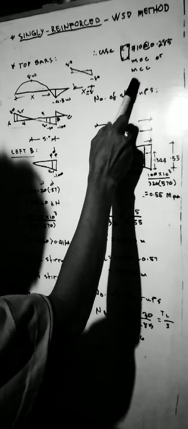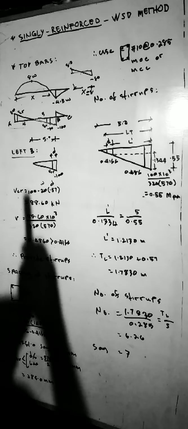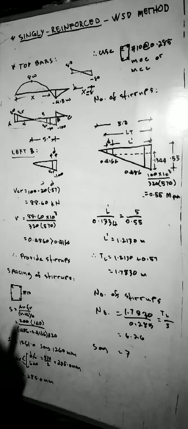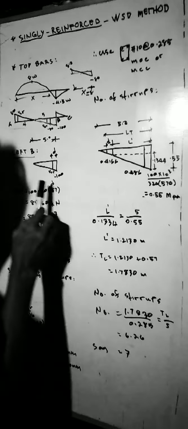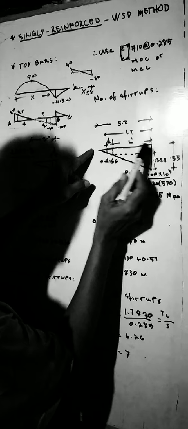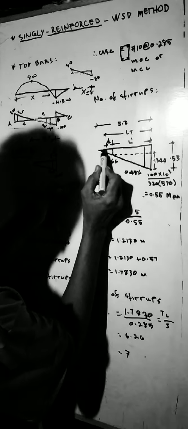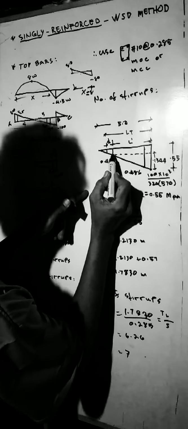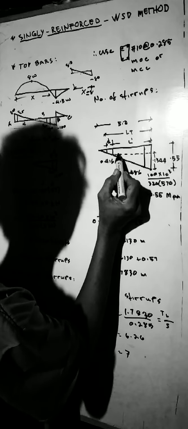Next is to compute the number of stirrups. This triangle is actually this one. We have two triangles here, this triangle and this line, which is an offset parallel to this one.